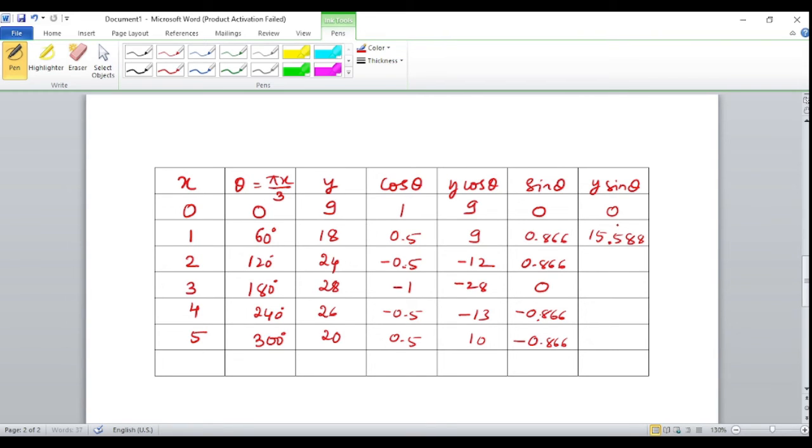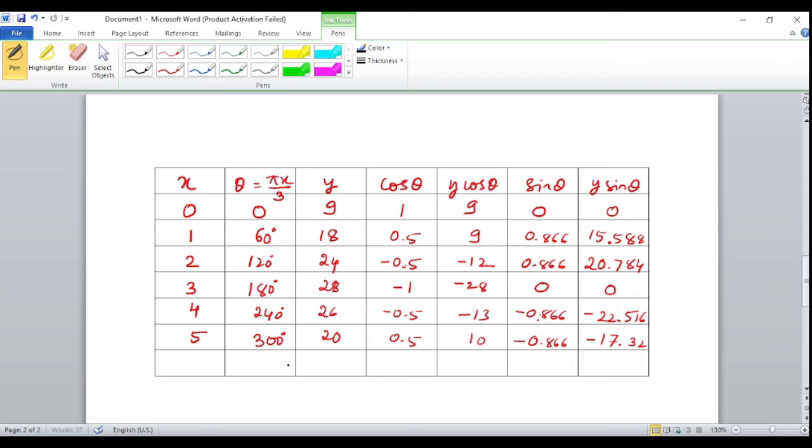Again 24 into 0.866 is 20.784. 28 into 0 is 0. 26 into minus 0.866 is minus 22.516. Next 20 into minus 0.866 is minus 17.32.